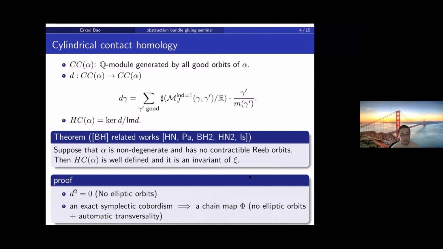So good Reeb orbits mean some Reeb orbits are good, some are bad.